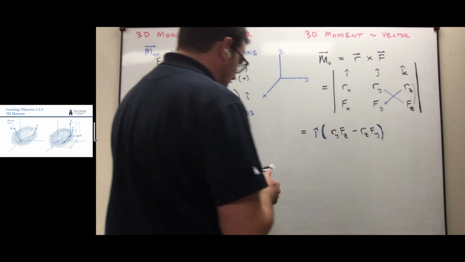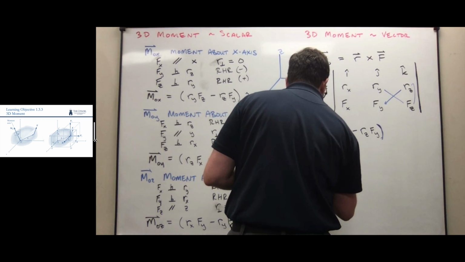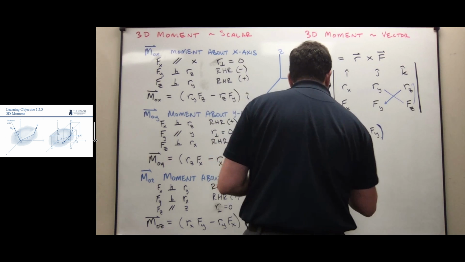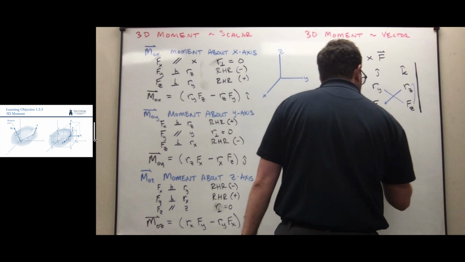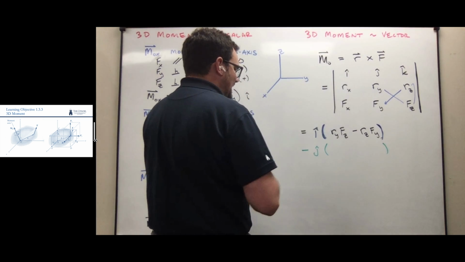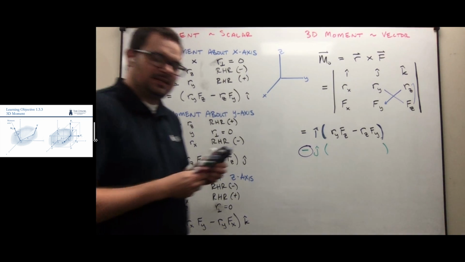Let's look at our J column. One of the things we have to remember when we're using this particular method, it's just a function of how this method works, is that we have to introduce this negative term in front of the J. Okay, don't forget that if you're using this particular method.